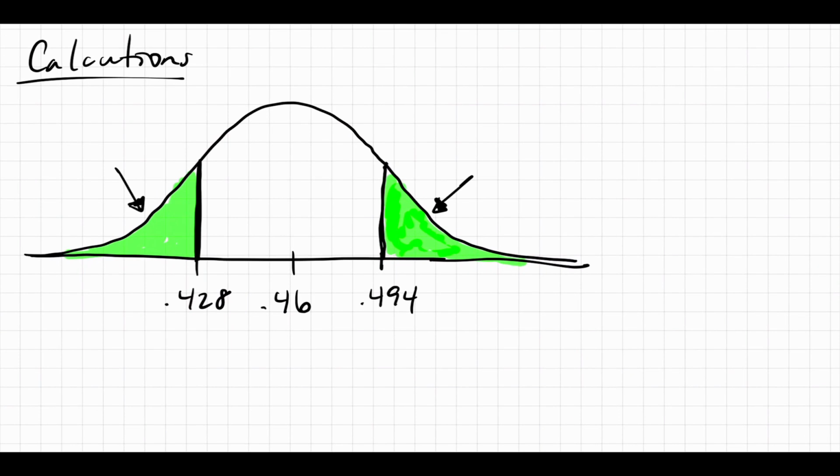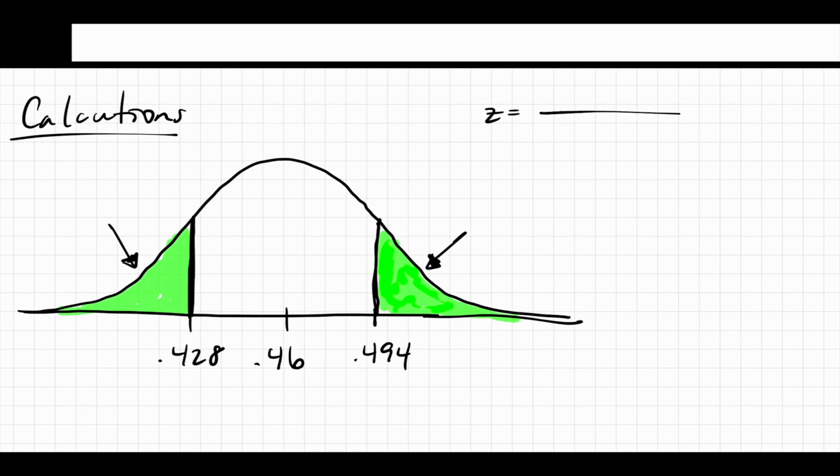But the lucky thing is they're both the same size, because the curve is symmetrical and they are the same distance away from the center. Both greens are exactly the same size. So find one of them and double it. Really it's not doubling your work, it's just whatever answer you get, double it. Okay?